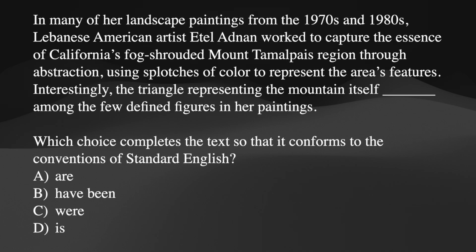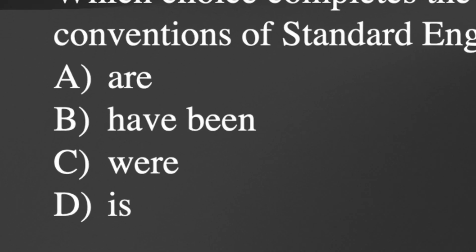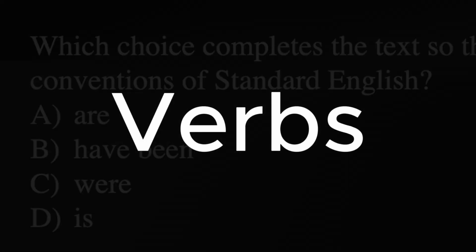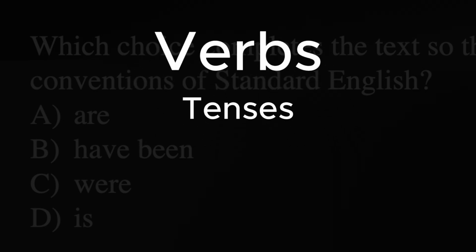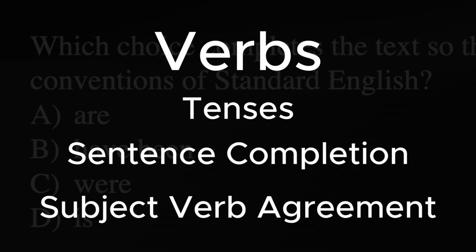Here we're looking at a decent chunk of text, and before I read any of that, I always look at the answer choices. Specifically, I'm looking at the differences between the answer choices because this is what allows me to gain a sense of what this question is all about. On its face, this question appears to deal with verbs, so in my mind, I lock in on all the things I need to know about verbs for this test, which are verb tenses, verbs' role in completing sentences, and finally subject-verb agreement.